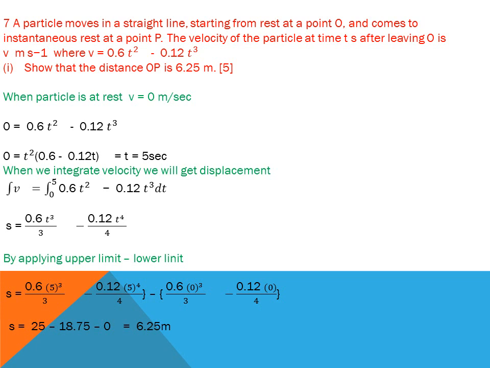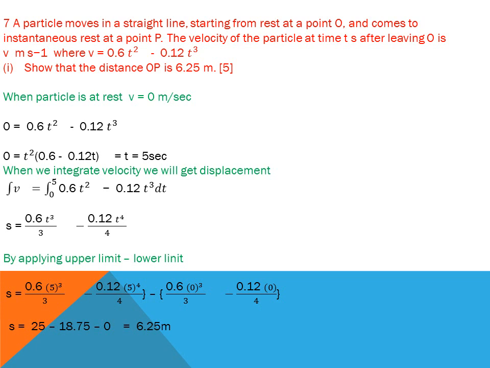I will integrate this and find s is equal to 0.6t cubed. Use the power rule of integration here: t to the power 2 plus 1, which is 3, divided by 3, minus 0.12t to the power 4 over 4. Then I apply the upper and lower limits. The lower limit is 0 and that whole term becomes 0.